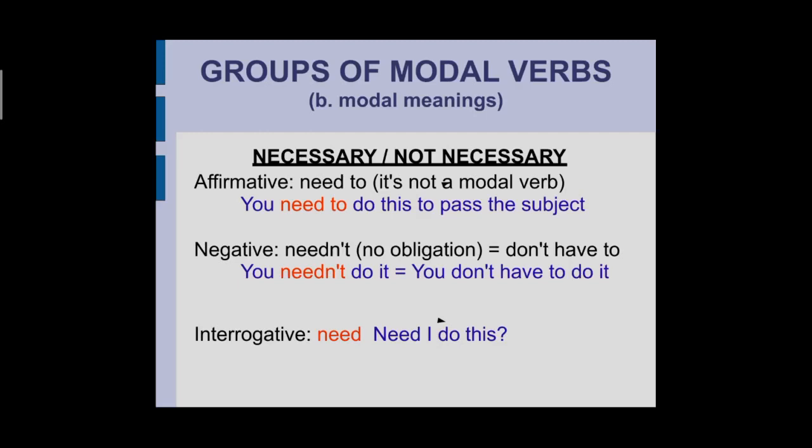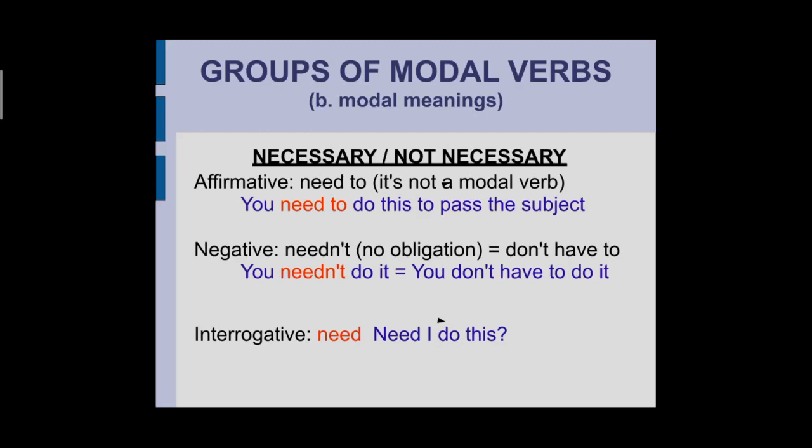That means no obligation. आप वो कर भी सकते हैं, आप वो नहीं भी कर सकते हैं. कोई भी obligation नहीं है. Interrogative. आप उसी सेंटेंस को एक क्वेश्चन में चेंज कर रहे हैं. Need I do this? क्या मुझे ये करना चाहिए? So that is interrogation. First one, you need to do this to pass the subject. That is necessary. आपको ये करना ही है.